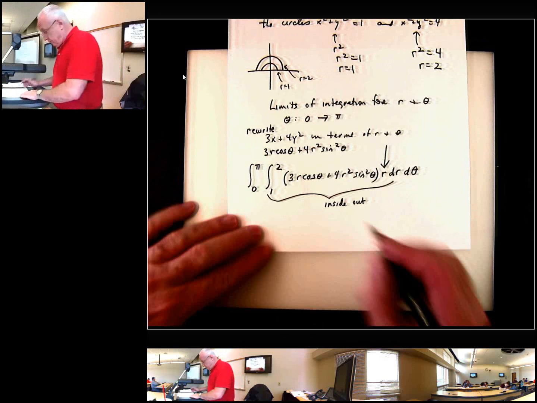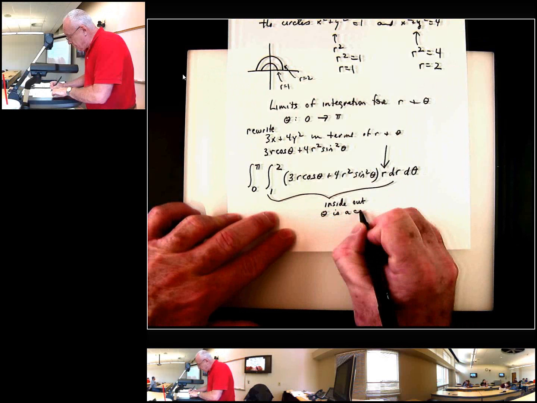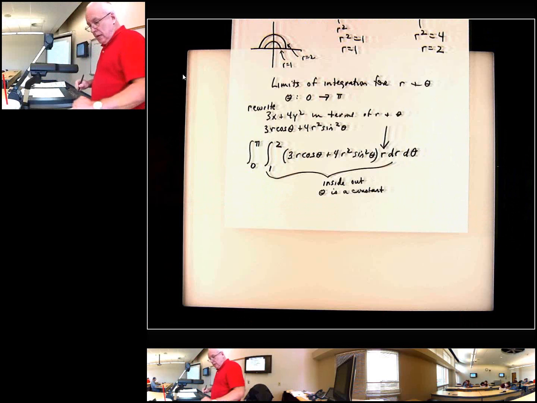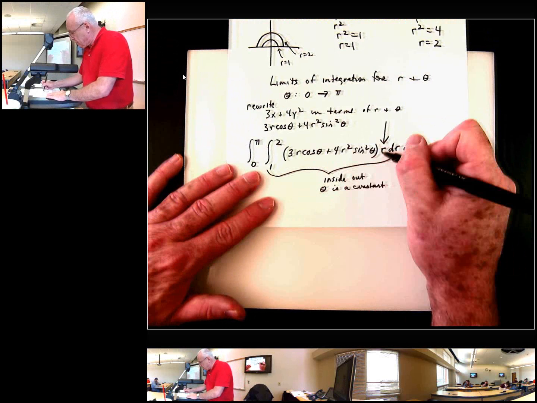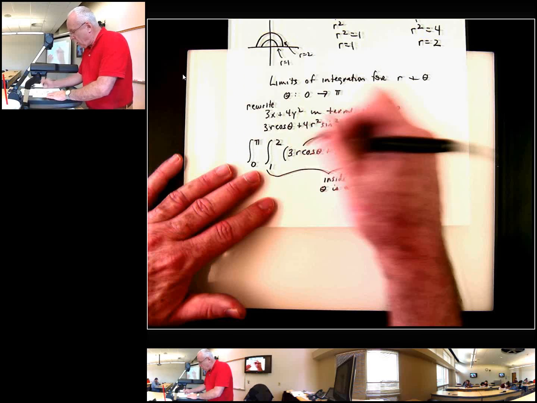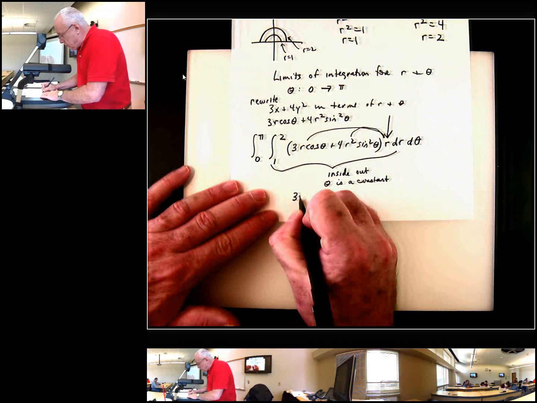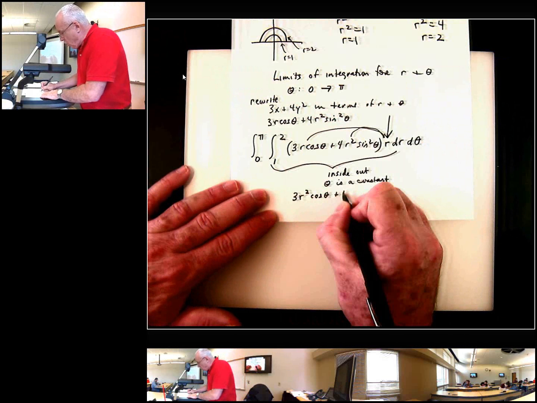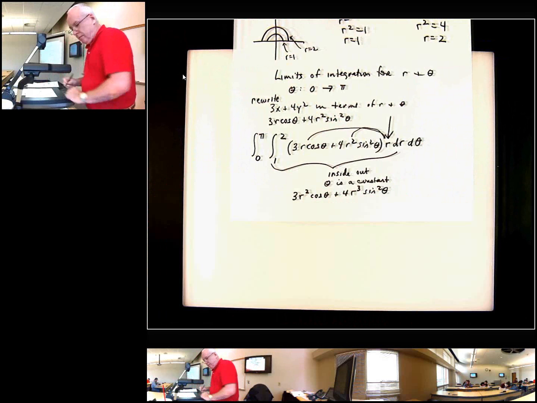Right? So theta is a constant. In fact, one thing I want to do first of all is distribute this r with the 2 terms. So this is 3r squared cosine theta plus 4r to the third sine squared theta.